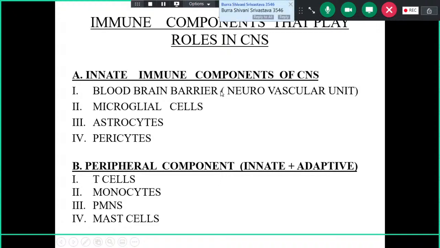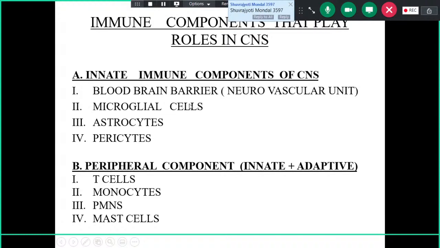The second component of the innate immune component of the CNS is the microglial cells. Although microglial cells are present inside the CNS, inside the parenchyma and on the surface of the brain, the origin of the microglial cell is mesodermal.